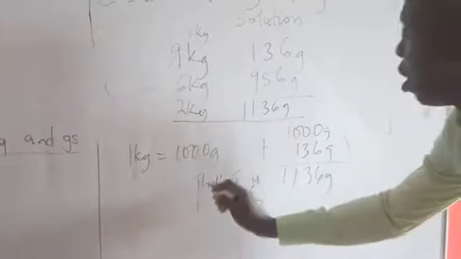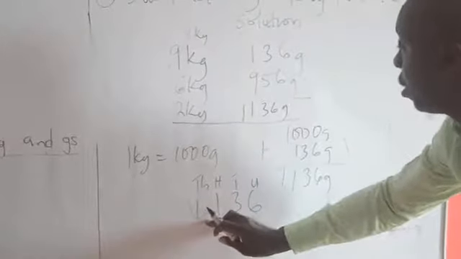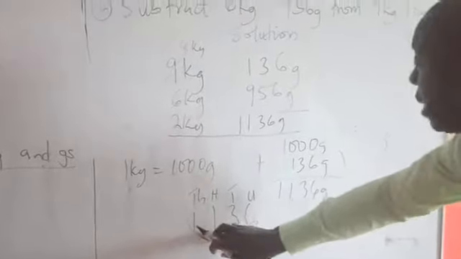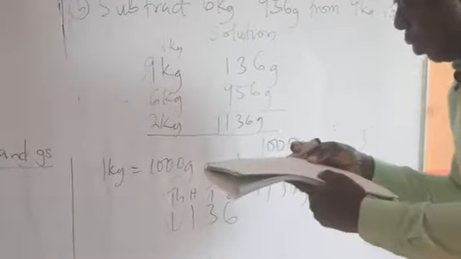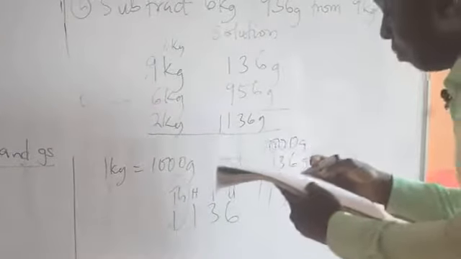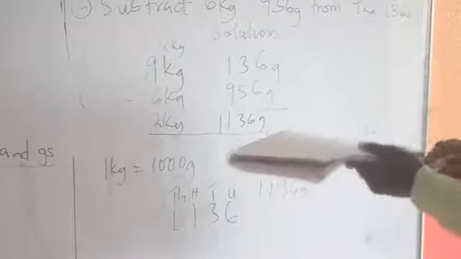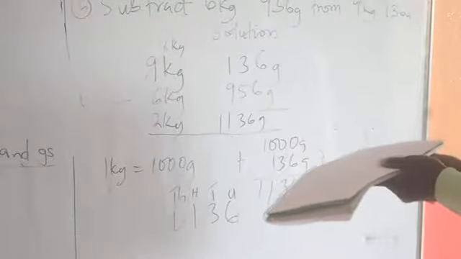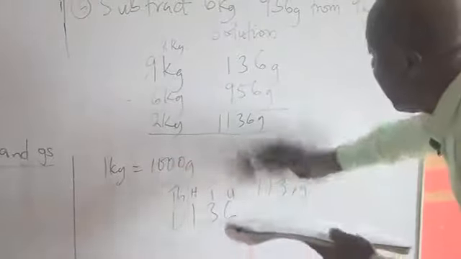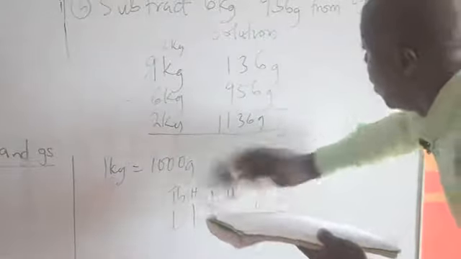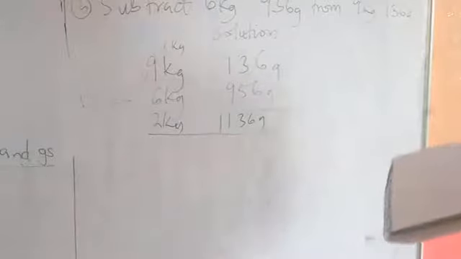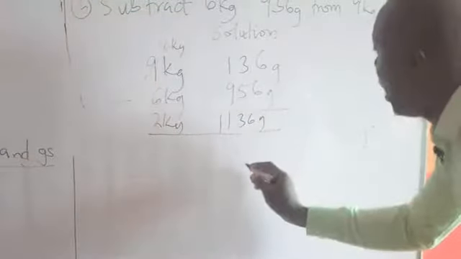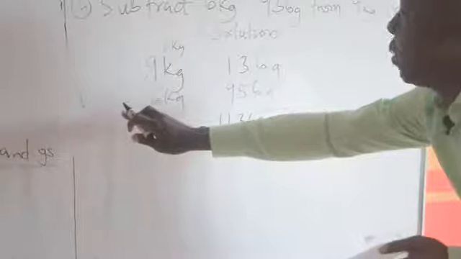This particular one that falls under thousand, we'll now add to the kilogram. Sorry, let me just go back. This 1,136 gram, we'll minus it from, remember we are dealing with subtraction.